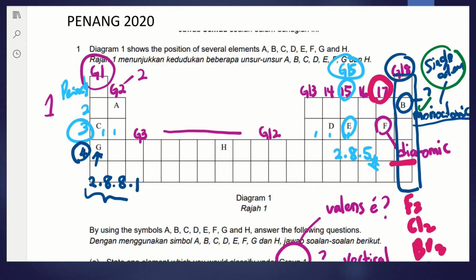Meaning that G is in period 4, since we have 2, 8, 8, 1. So period 4, group 1. Group 1 refers to 1 valence electron.